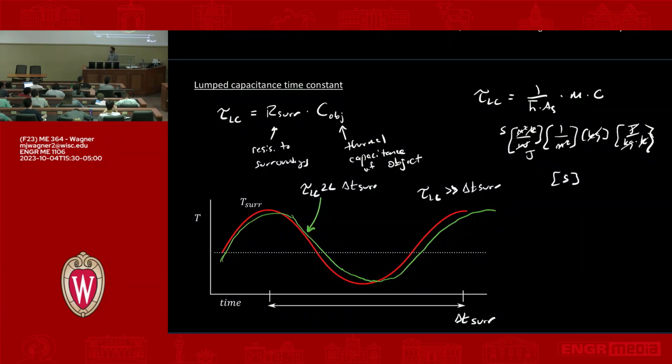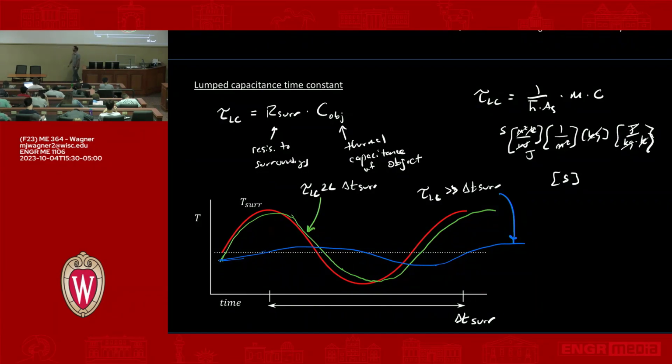It doesn't have as much opportunity to respond. So it might look something like this. It's still oscillating a little bit, but it's very muted and it's lagging. There's a big time delay between the peak of one and the peak of the other.